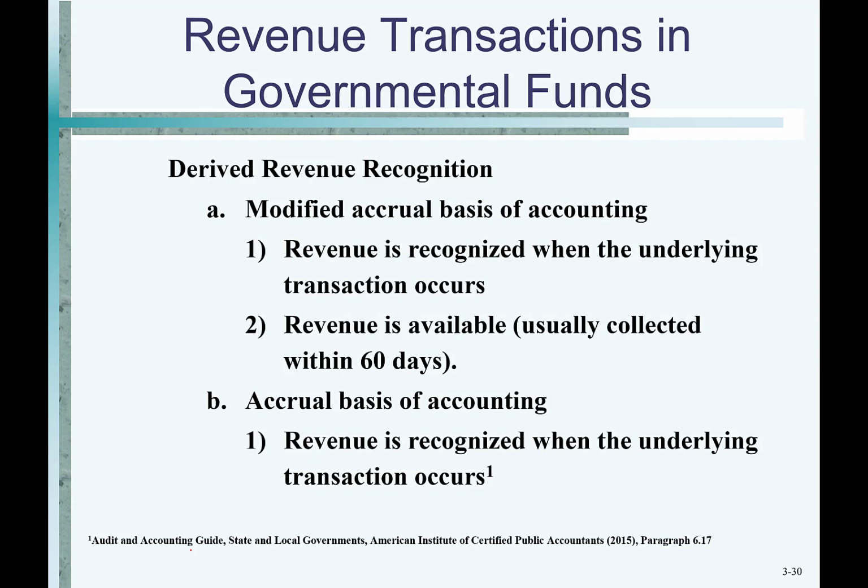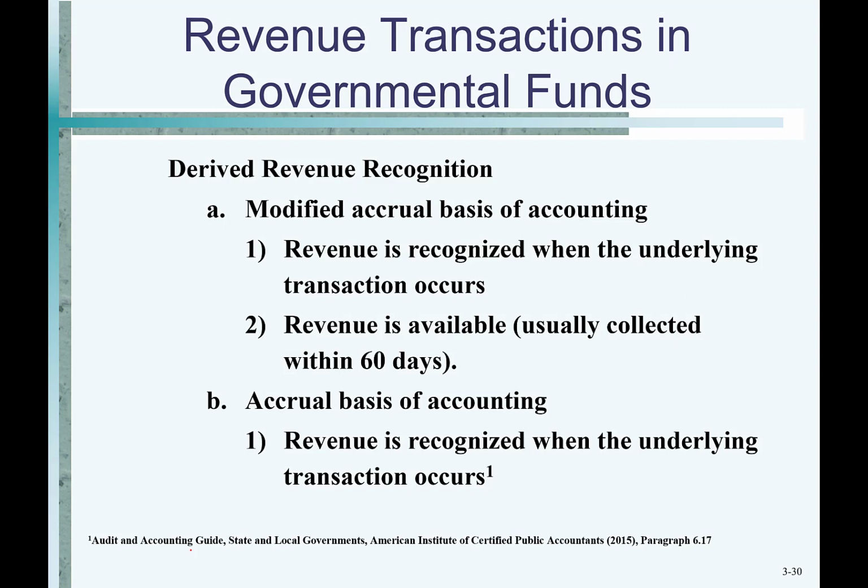Now, the only thing that changes for modified accrual versus the accrual rule that I just gave you is that for modified accrual, we need to see if we will collect it within 60 days. So we have to layer that 60-day availability requirement on top of the time requirement. So we add a little more time.